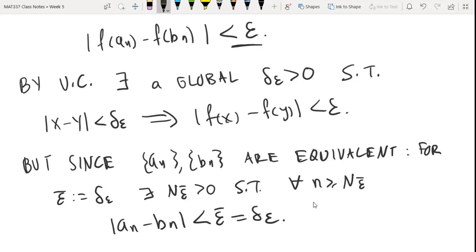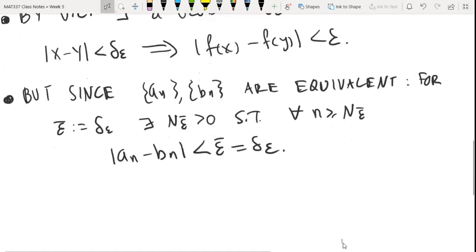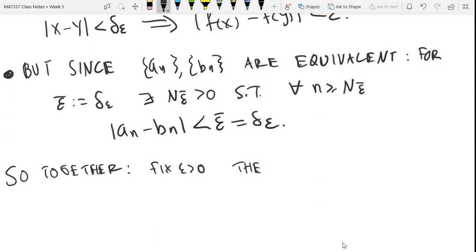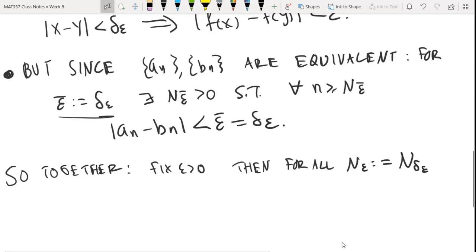Okay, so we have to put these two together. So together, fix epsilon positive, then define n epsilon as n delta epsilon, the one from here.